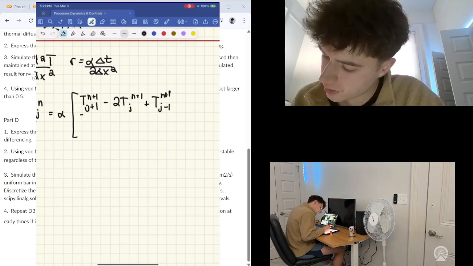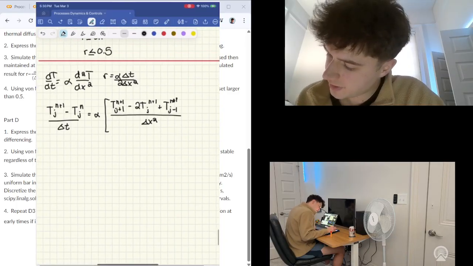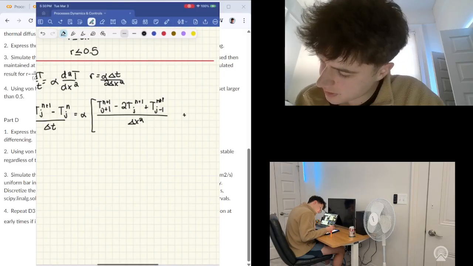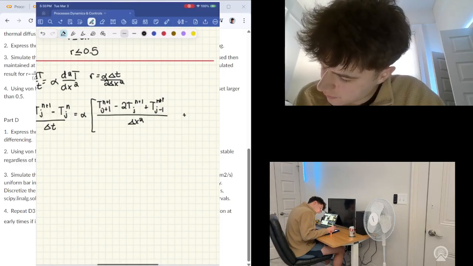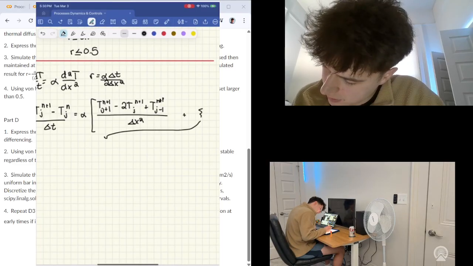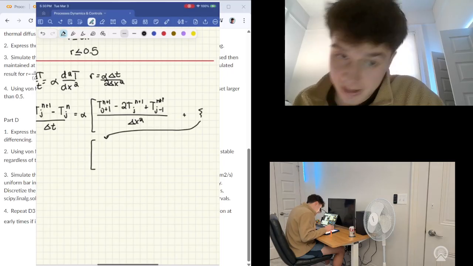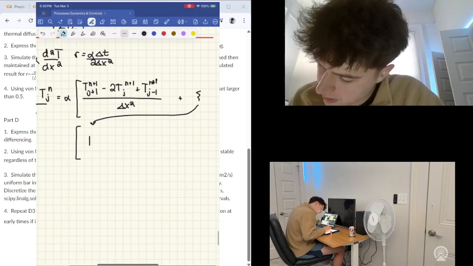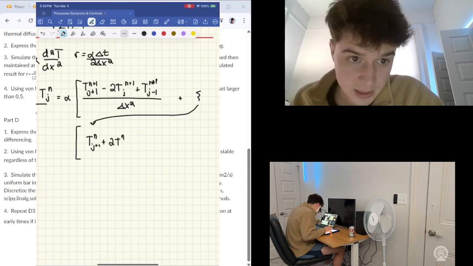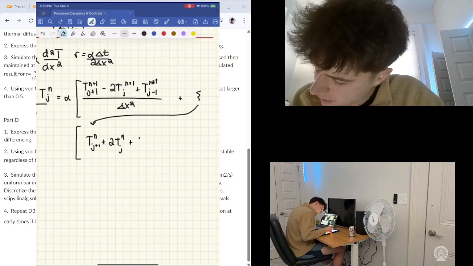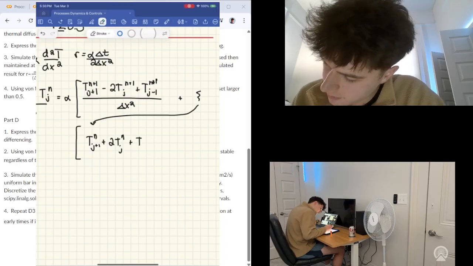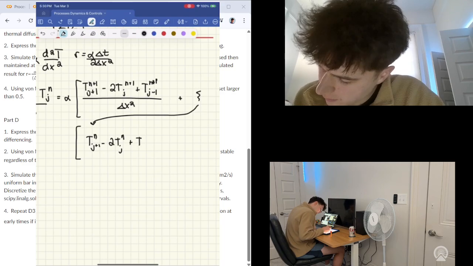Now this is all going to be over delta x squared. And then we actually have more in this, so we're going to do plus, and the second variable is going to be T_(j+1)^n minus 2T_j^n plus T_(j-1)^n.